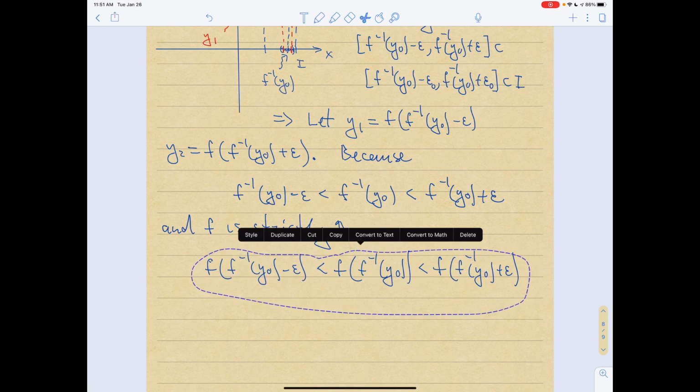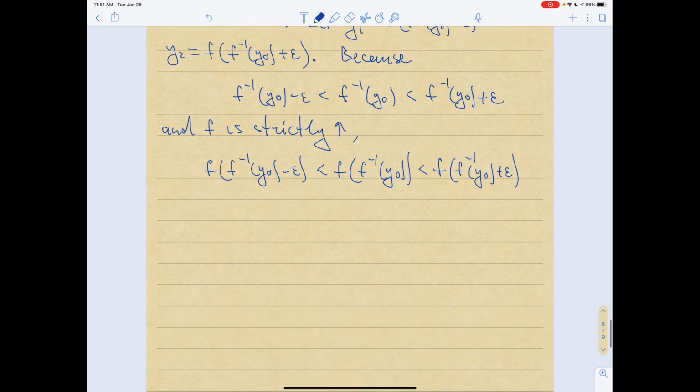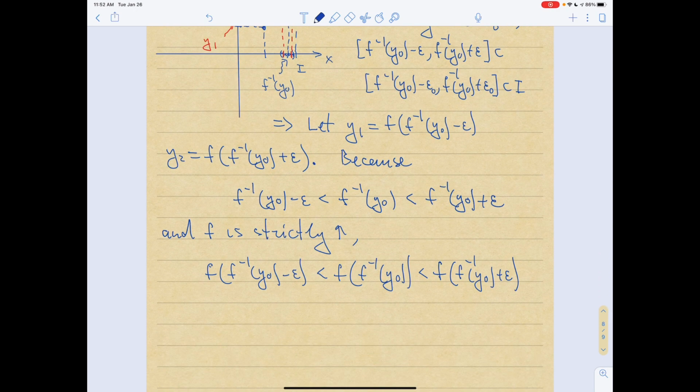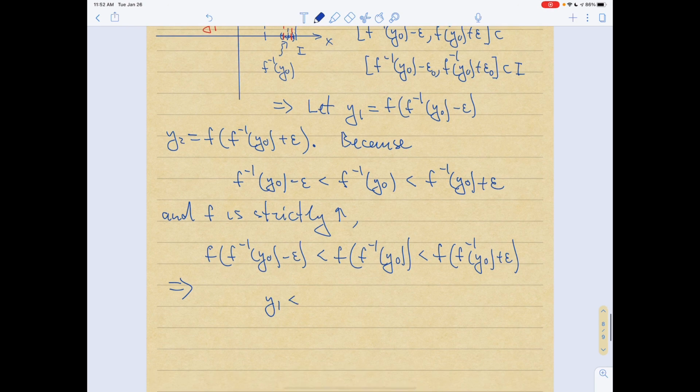And now if we look at our definitions, f of f inverse of y0 minus epsilon is what I called y1. f of f inverse of y0, f and f inverse cancel. This is y0, and f of f inverse of y0 plus epsilon is something that I called y2. So what we conclude then is that y0 must belong to an interval between y1 and y2.